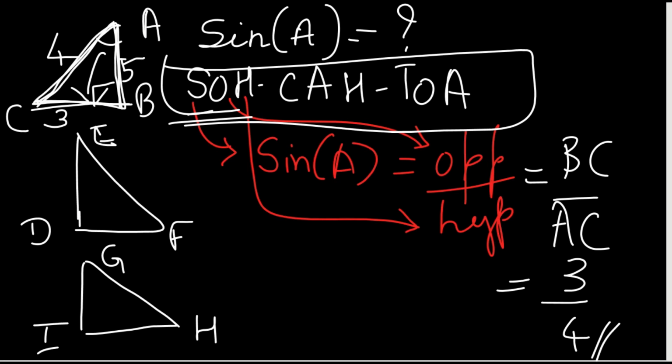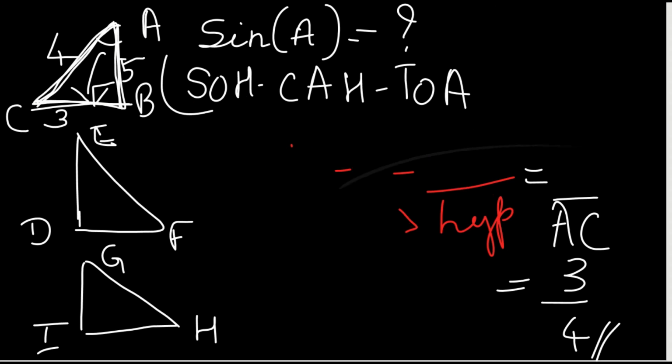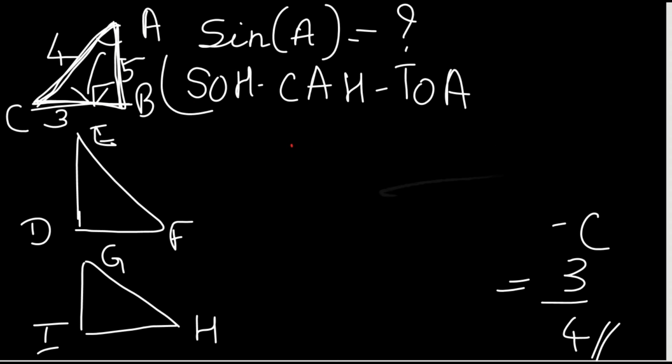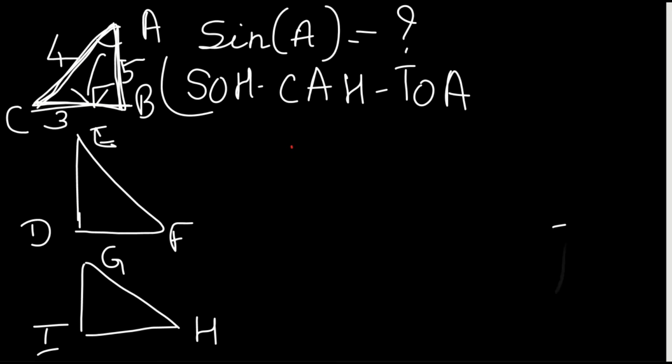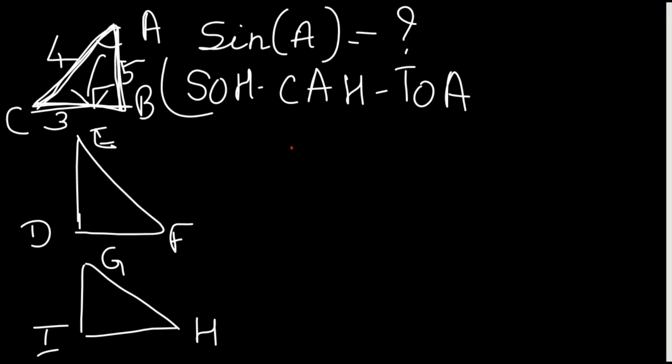Okay, is it clear? Moving on to our next sum. So now we have to find in this particular sum what is cos of F. This is our sum.